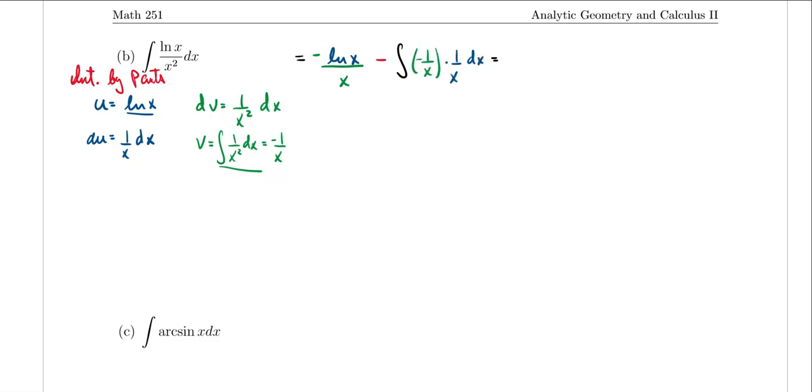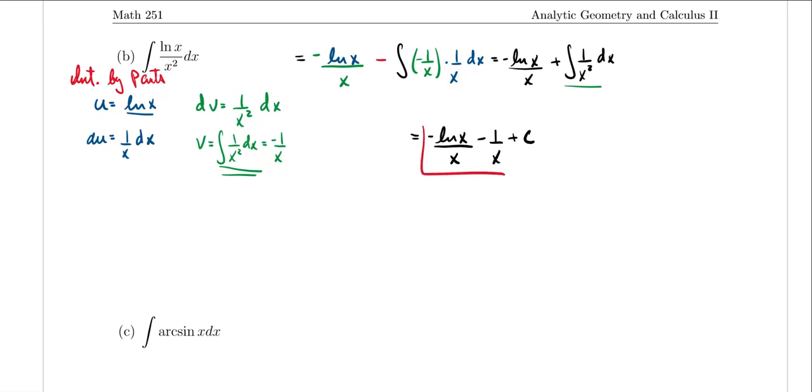Now we're going to get negative ln of x over x plus the integral of 1 over x squared, but lo and behold, that's what we just did, the integral of 1 over x squared. So our final answer here, putting everything together, is negative ln of x over x minus 1 over x plus c.